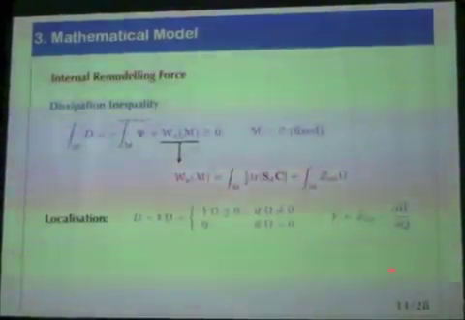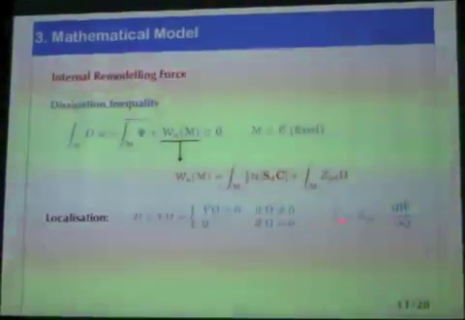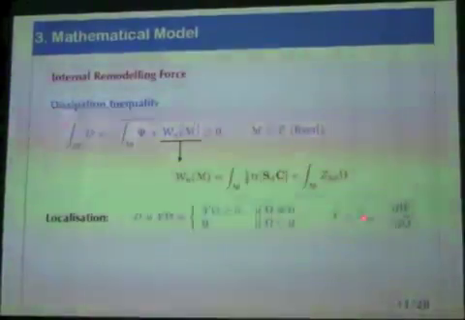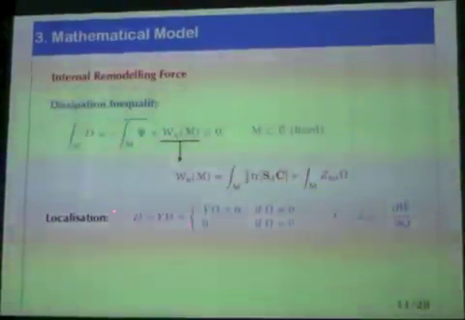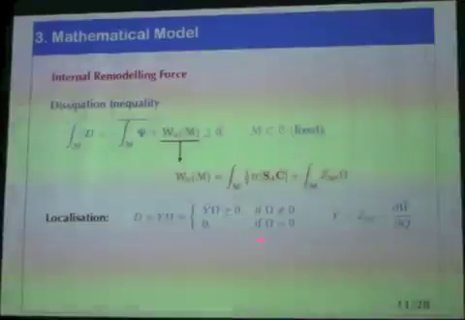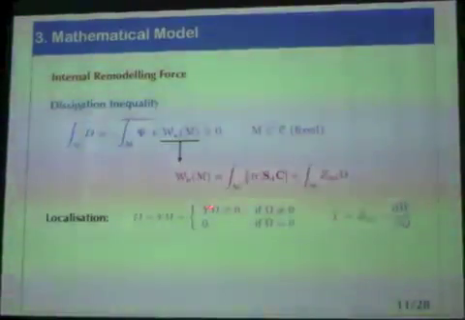So if I call by y tilde the dissipative part of this force Z int, dissipation has this form. It will be 0 if omega is equal to 0, and it will have this form otherwise.